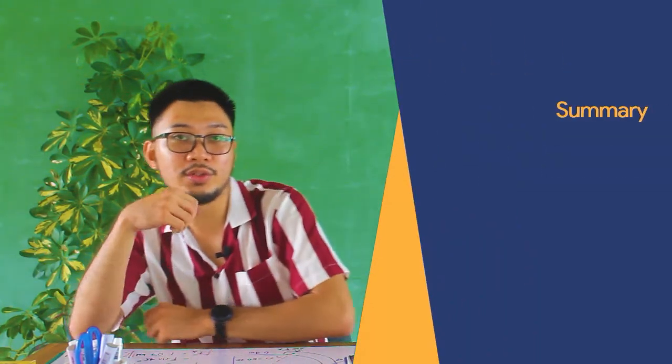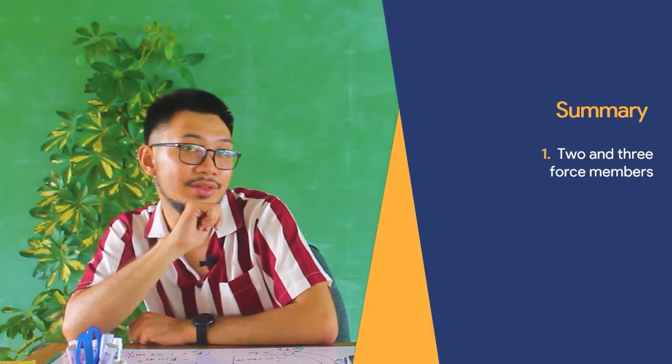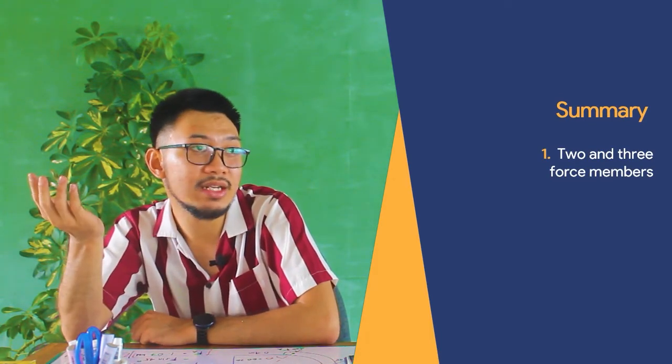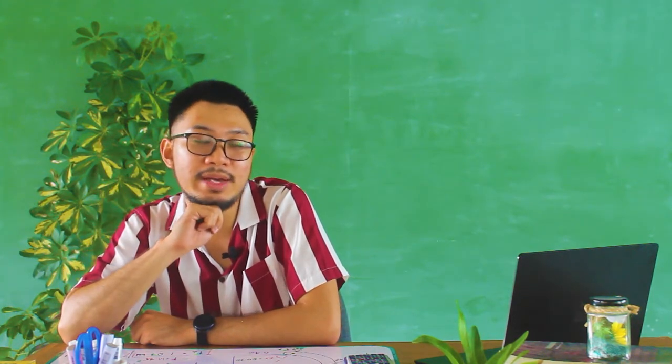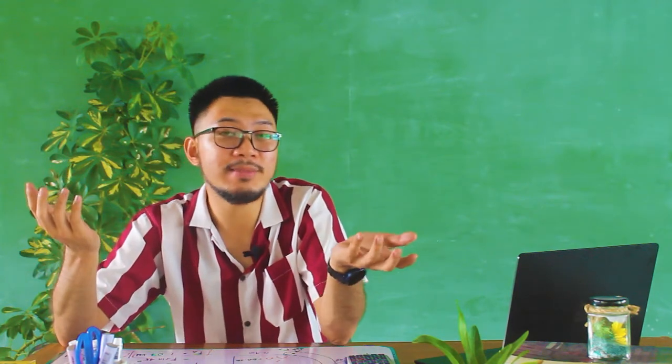So that is our lesson for this week, your 2/4 and 3/4 member. As a summary, you have learned your 2/4 member and your 3/4 member, what those are and where they are used. And you have learned some techniques on how to solve for the unknown forces of a member by using your knowledge of 2/4 and 3/4 members.